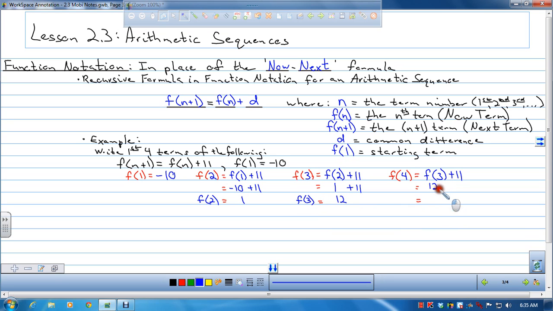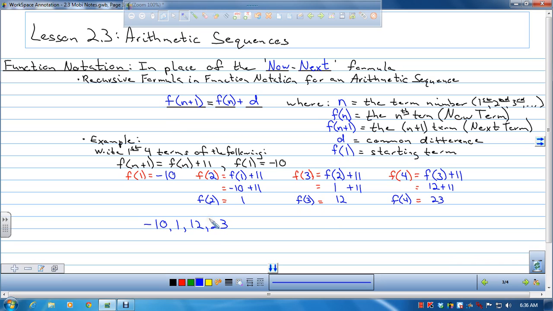So it can go in here. Plus 11 equals 23. So f of 4 is 23. So my first 4 terms go like this. Negative 10, 1, 12, 23. That's my first 4 terms there.